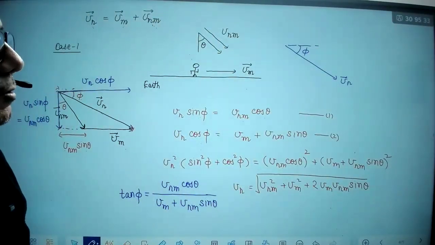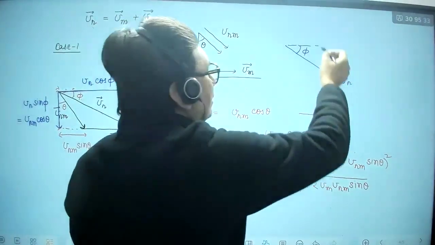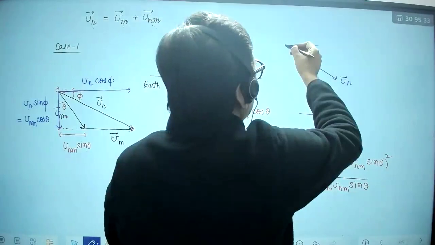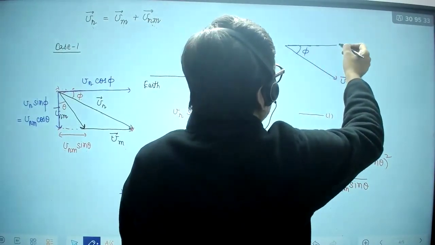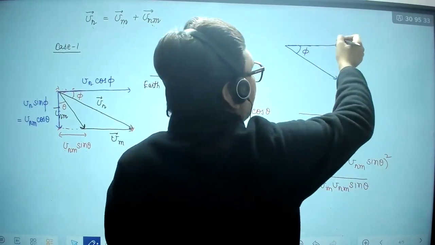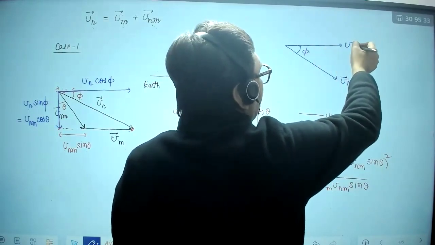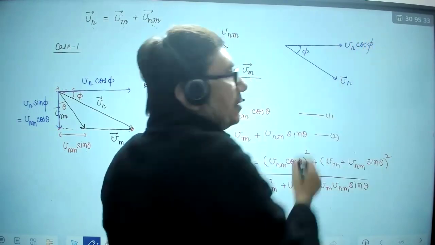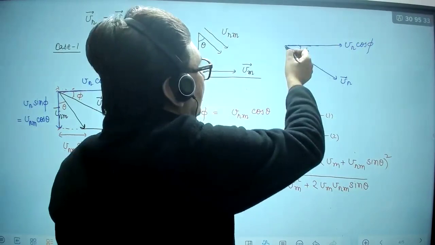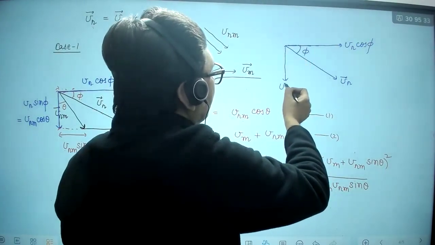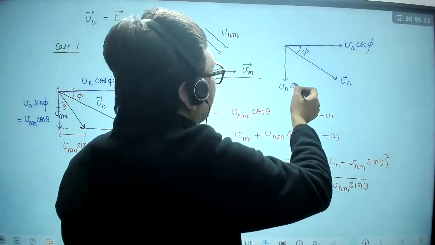So how will you resolve this VR in this direction? What will be the component of VR in the horizontal direction? This component of VR will be VR cos phi. Second, its vertical component will be this one, and how much will it be? This will be VR sin phi.